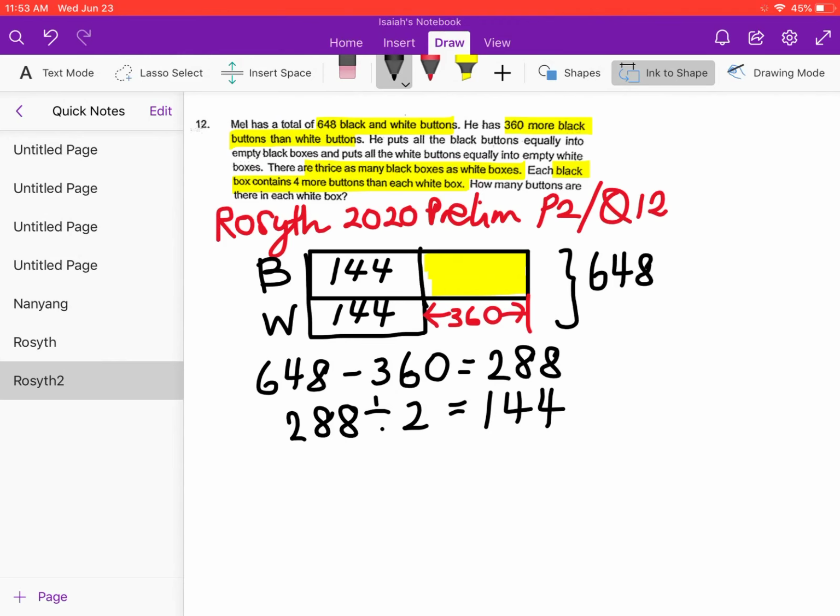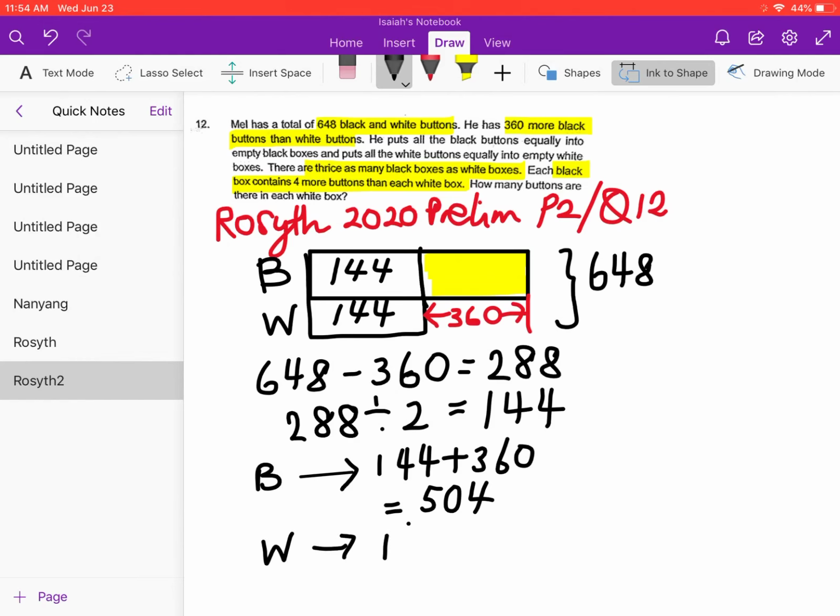To find out how many black buttons there are, I'll simply take 144 plus the 360, and this gives me 504. So there are 504 black buttons. And the white buttons, as we have calculated earlier, there are 144 white buttons.